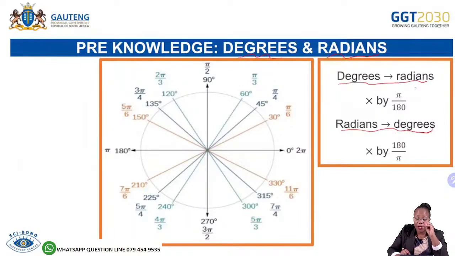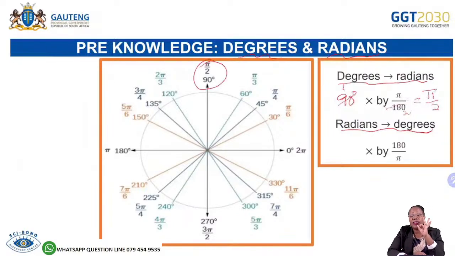For an example now, let's say we are having 90 degrees here, multiplying by pi radians over 180. Remember, 90 goes twice into 180. That is why your answer will be pi radians over 2. Hence, we have that notation there, that 90 degrees is the same as pi radians over 2. So that is how you change a degree to a radian.